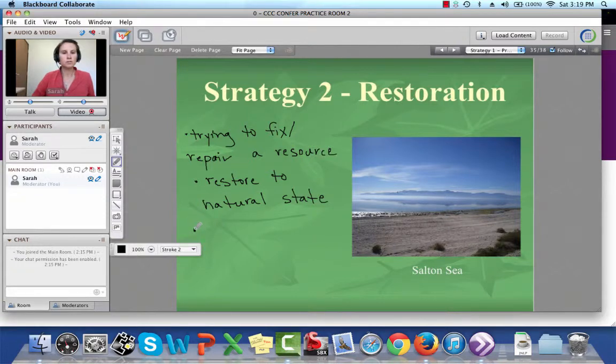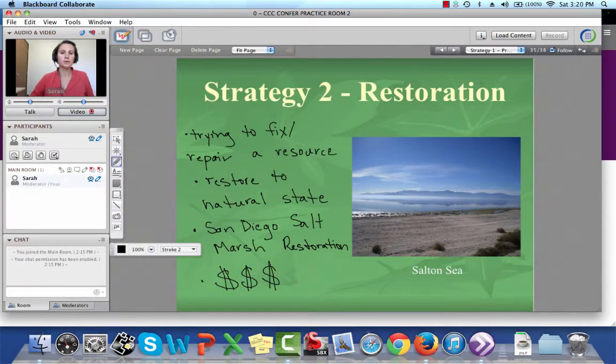In fact, one of my students just did a project on the San Diego Salt Marsh Restoration Project, which was really interesting. They used to be salt manufacturers, and the Conservancy bought back the land, and they're restoring it back to these salt marshes and replanting the native plants. Salt marsh restoration. The big problem with restoration is that it's very costly. It costs a lot of money, so you've got to have a lot of money to start with.